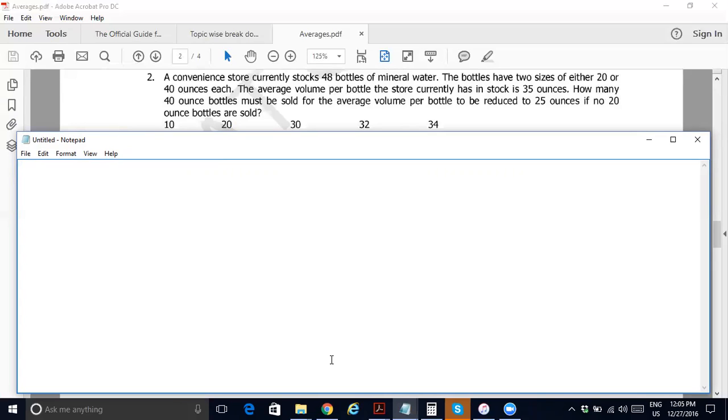The average volume per bottle the store currently has in stock is 35 ounces. How many 40-ounce bottles must be sold for the average volume to be reduced to 25 ounces if no 20-ounce bottles are sold? So on one side you'll have 20-ounce bottles, the other side 40-ounce bottles, and 35 in the middle.